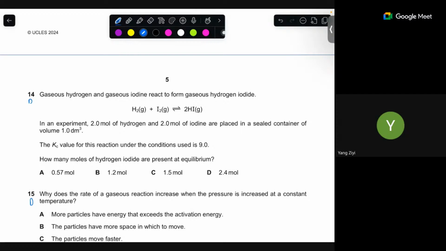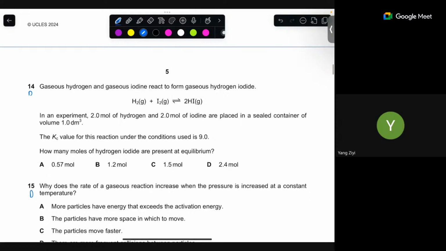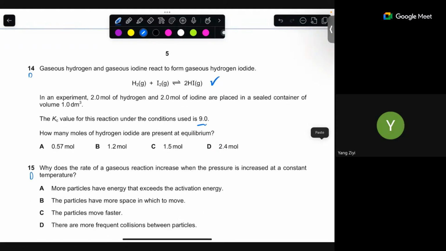Gaseous hydrogen and gaseous iodine react to form gaseous hydrogen iodide. So here you are going to place them in a sealed container. Kc value is 9. So if I have H2, I2, and then HI, so 2. If I use the ICE method, this is product, and earlier there's nothing.